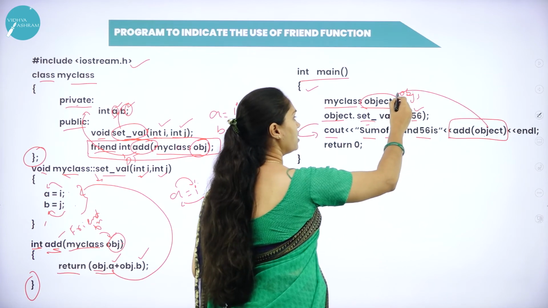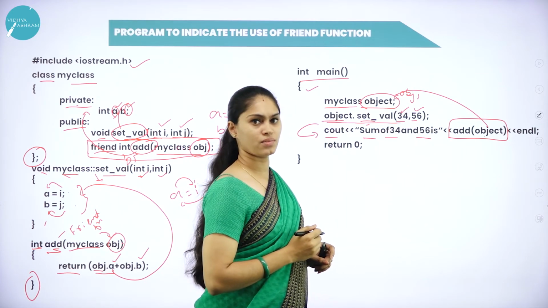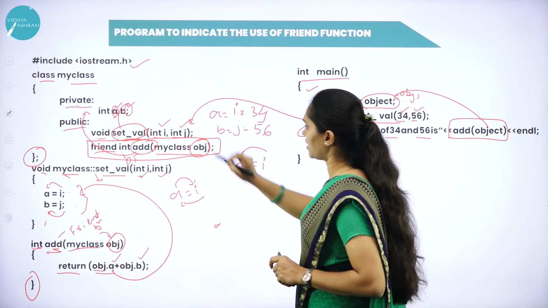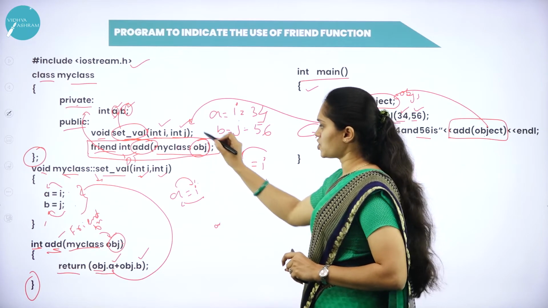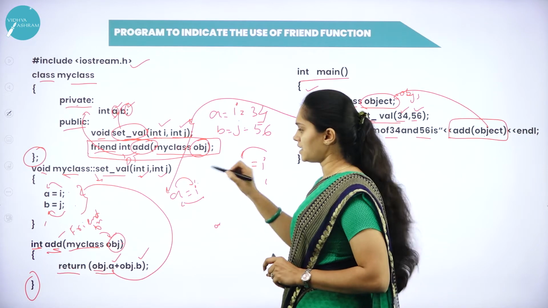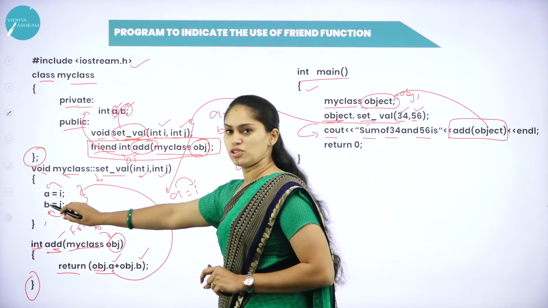It will come here. So this object is going to call the setval function. The control will come to the setval function. When it comes to the definition of setval, at that time it is going to assign the i value to a and the j value to b.